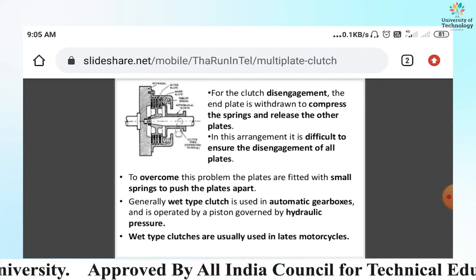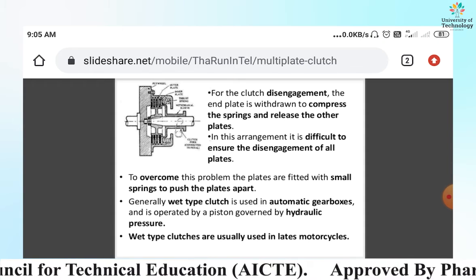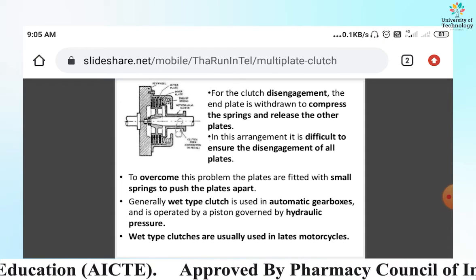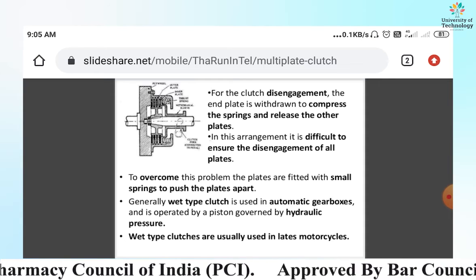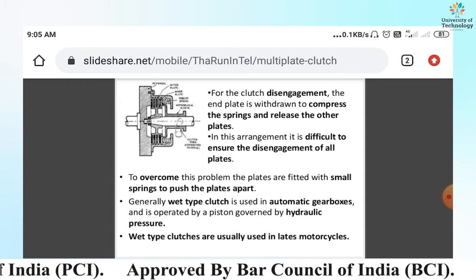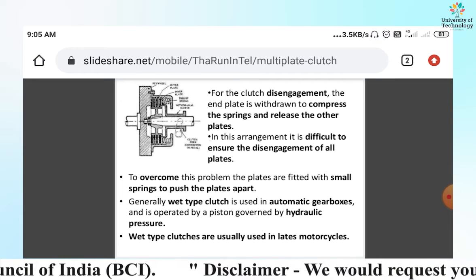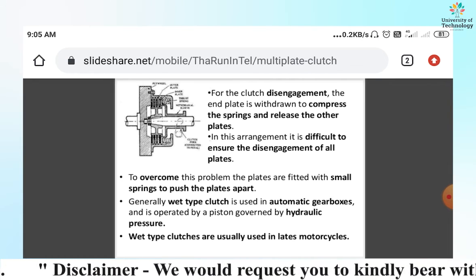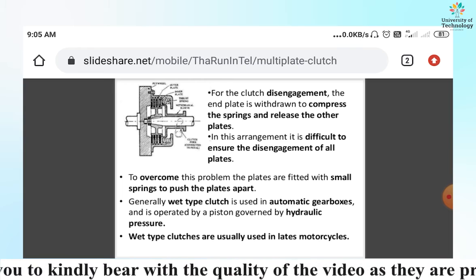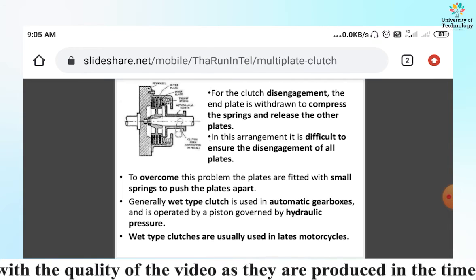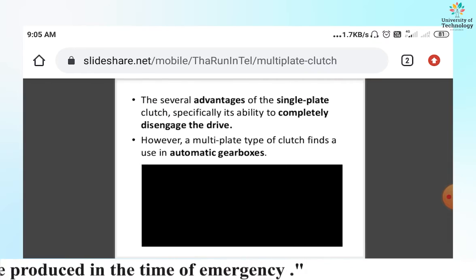To overcome this problem, the plates are fitted with small springs to push the plates apart. Generally, a wet type clutch is used in automatic gearboxes and is operated by a piston governed by hydraulic pressure. Wet type clutches are usually used in late motorcycles.